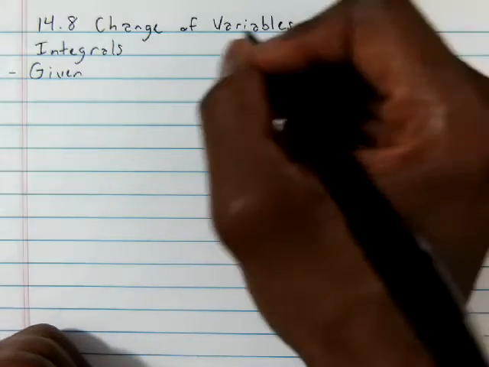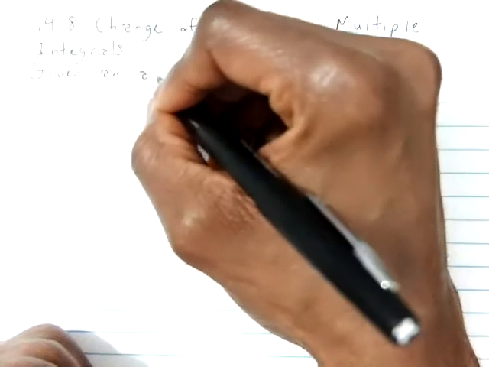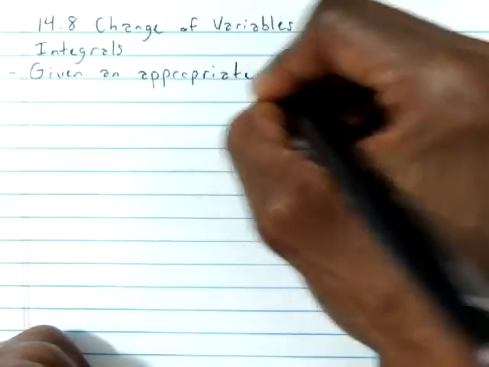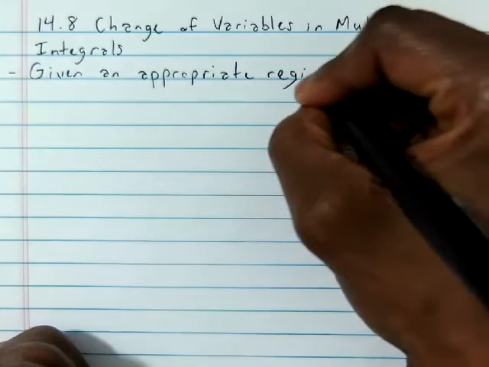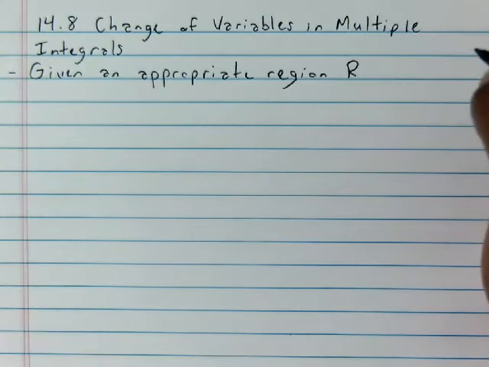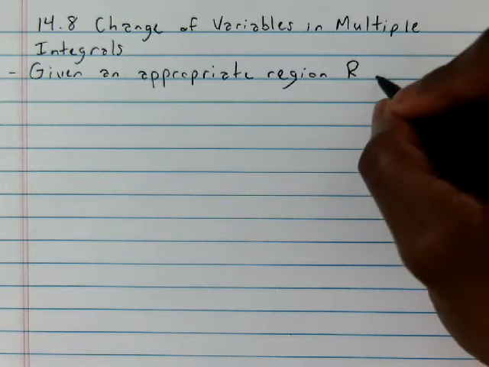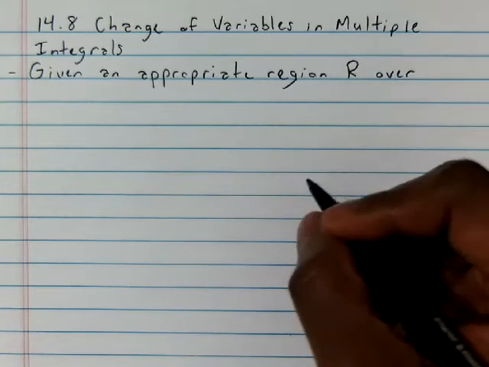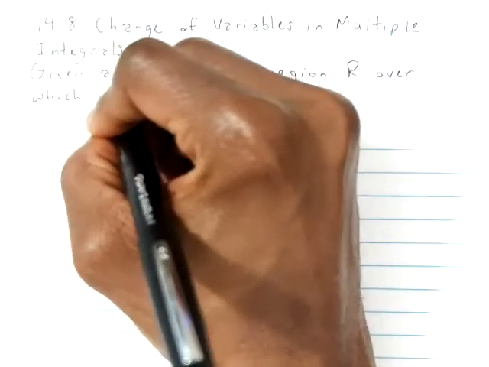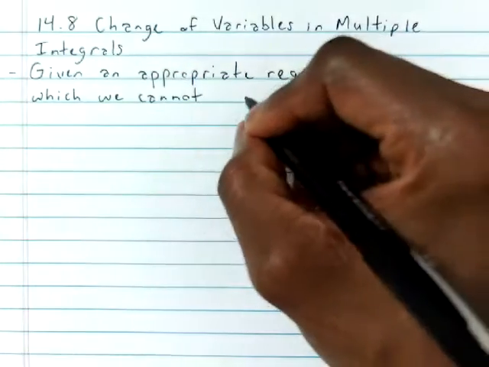So given an appropriate region R, so remember we use R in the XY plane and we use D when we're talking about our region in 3 dimensions, over which we cannot easily integrate.